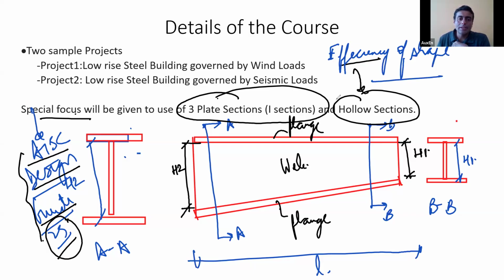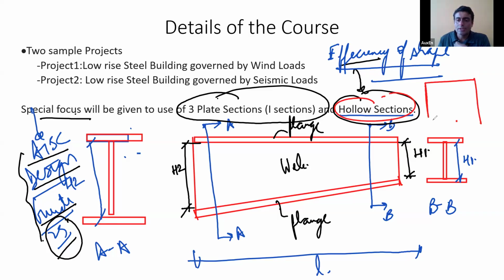In the smallest cross-sectional area that you can have, you get the highest efficiency of the shape. Clear? So hollow sections are therefore quite commonly used and very popular.